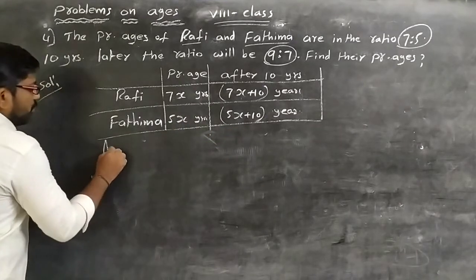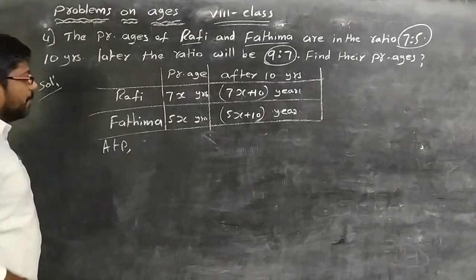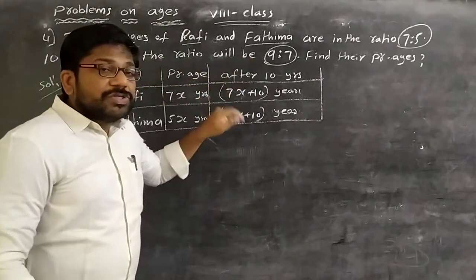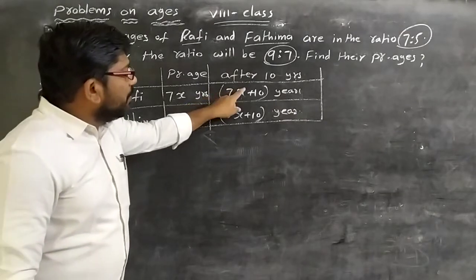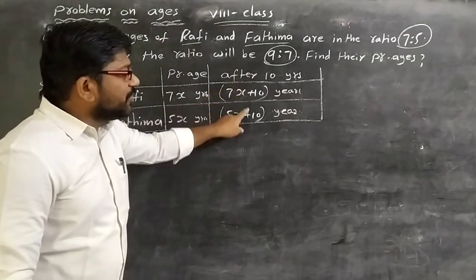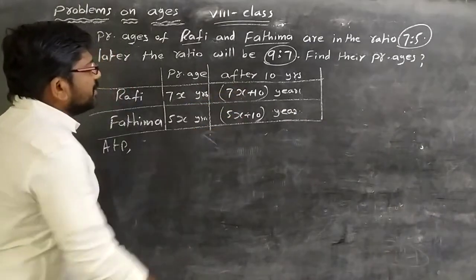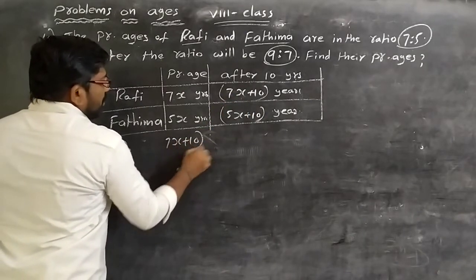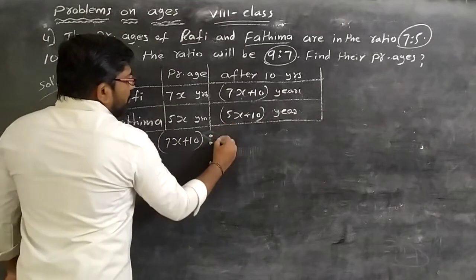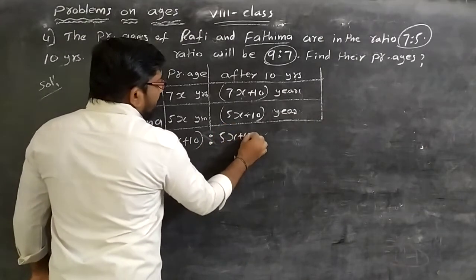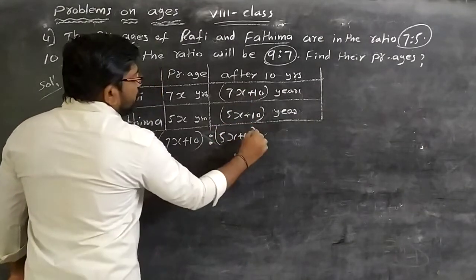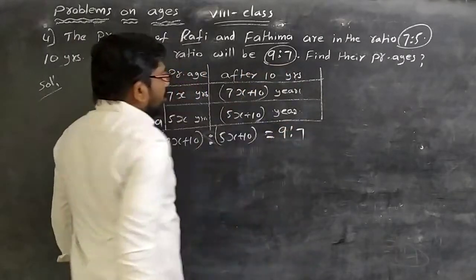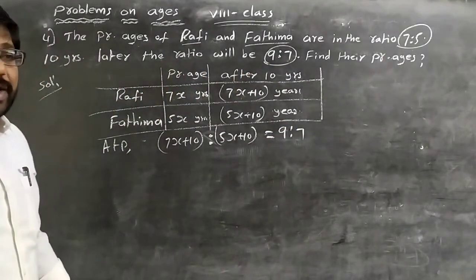So according to the problem, observe carefully. Ten years later, the ratio will be, which ratio? Their ages' ratio. 7x plus 10 is to 5x plus 10. This ratio will be 9:7. So once again, listen.